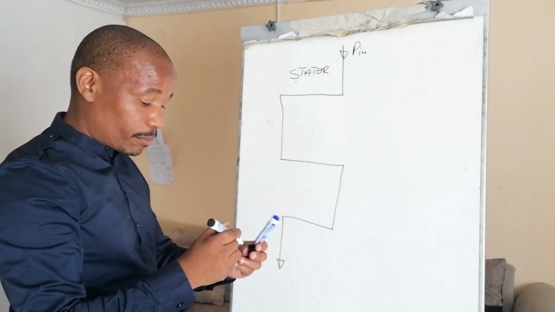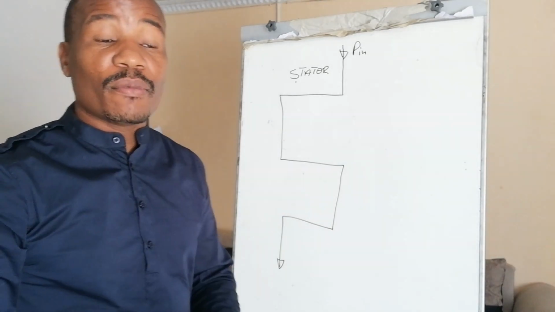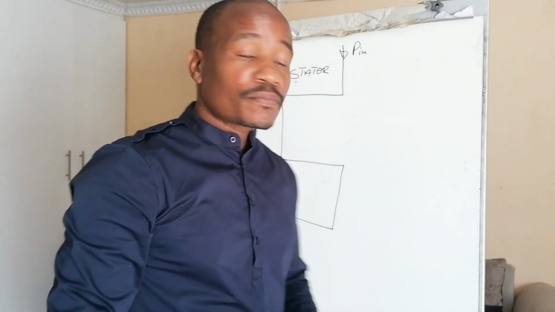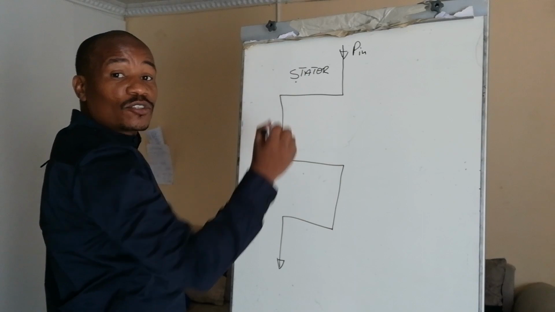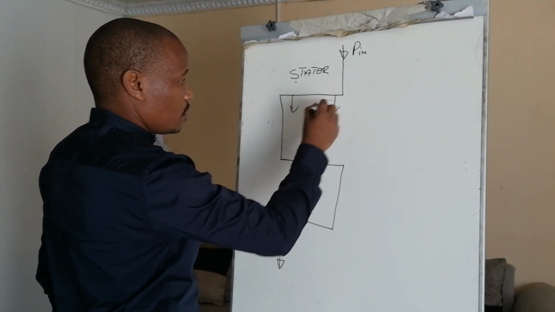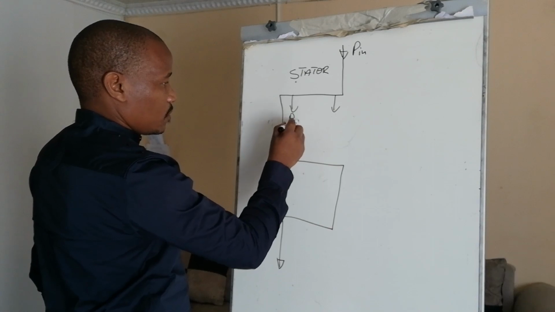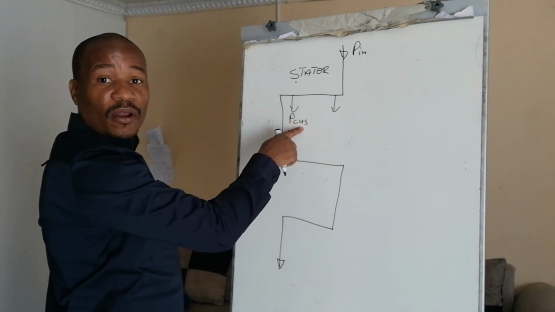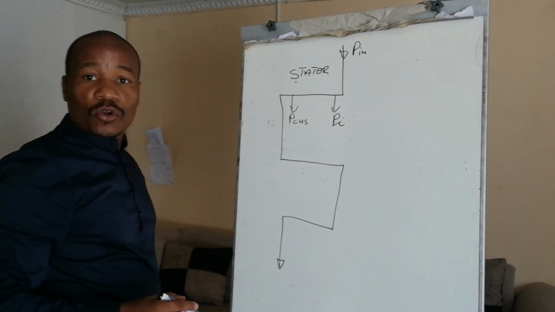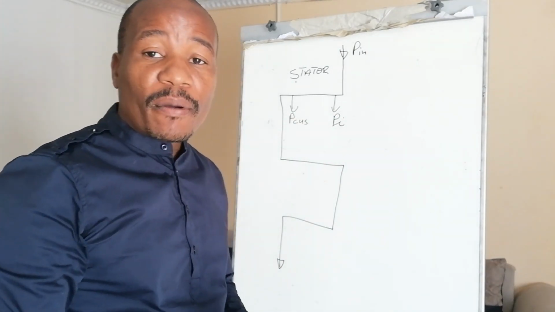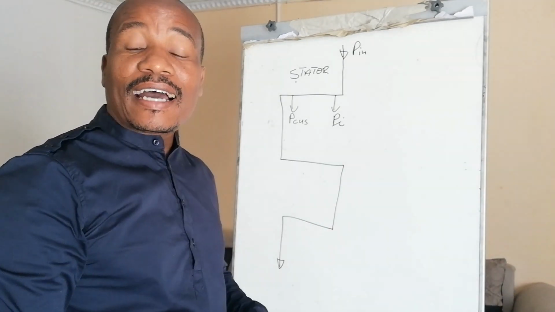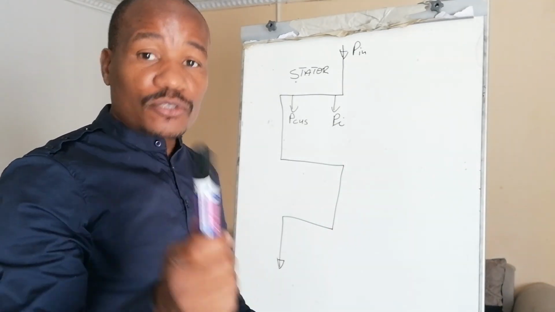It is the stationary part of induction motors, and remember it has conductors and so on. And this stator consists of the stator copper losses as well as the iron losses. These iron losses are regarded as constant, but you're gonna see why.